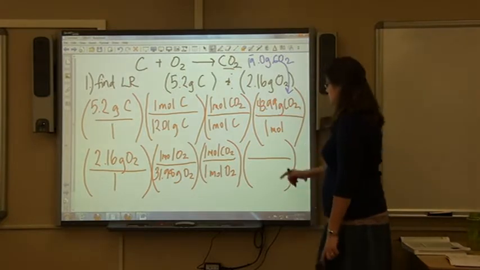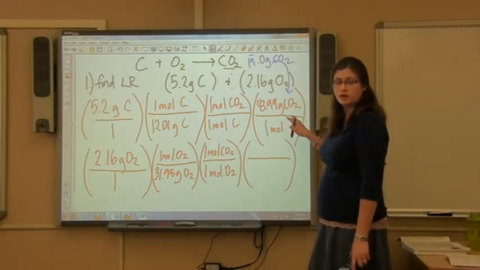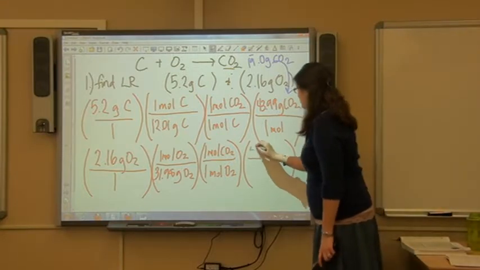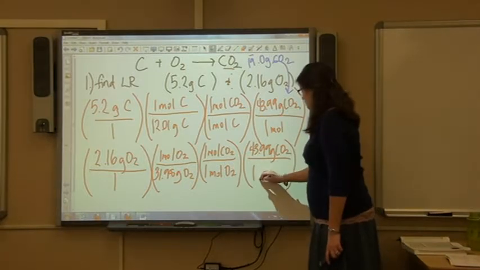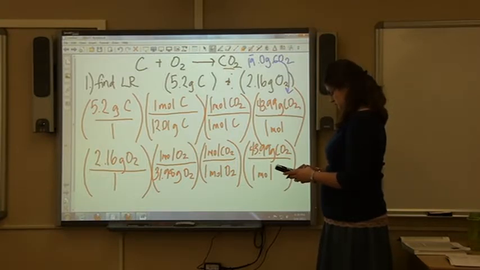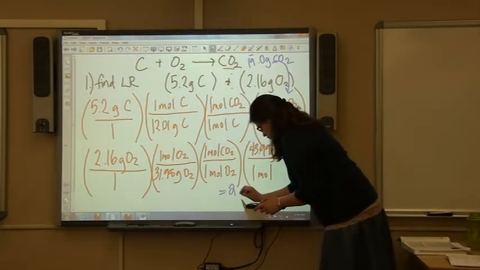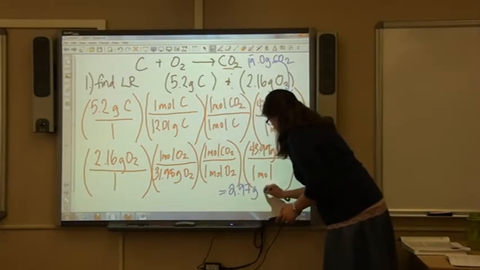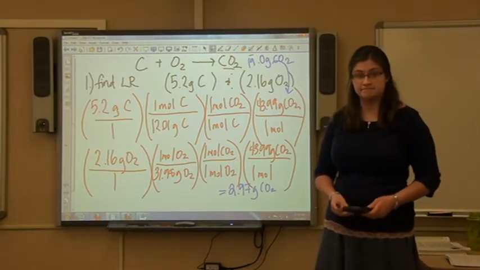And then the final bracket is going to be the same as the final bracket when you calculated for your other reactant, 43.99 grams per 1 mole. And you get a result of 2.97 grams CO2.